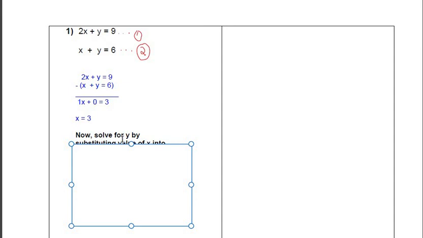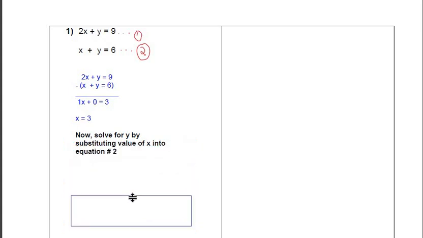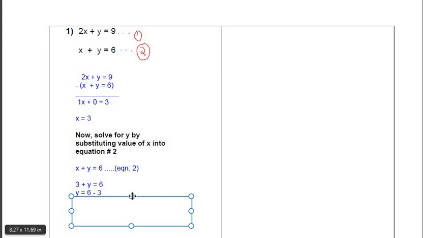So I'm going to replace my x term with a value of 3. And that's what I did. So 3 plus y is equal to 6. 3 plus y is equal to 6.